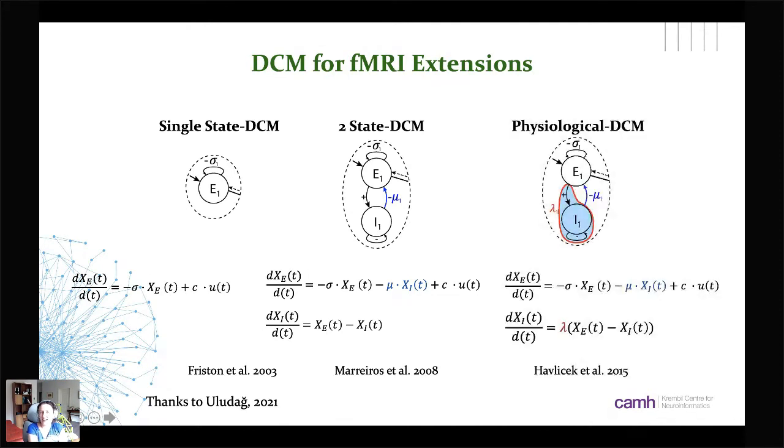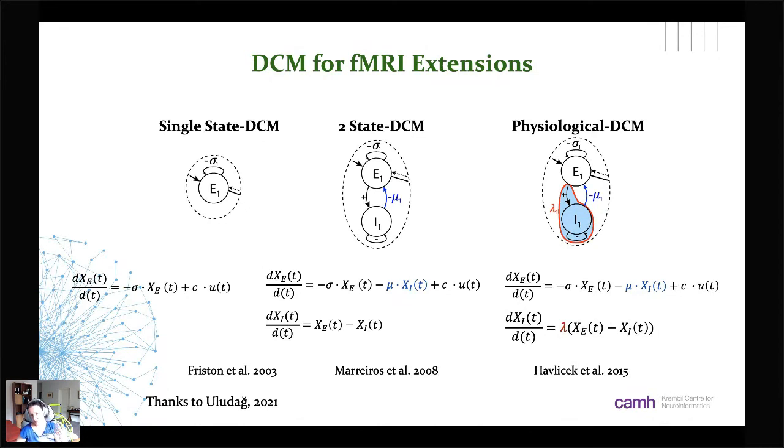And there have been even further extensions beyond that, and this is the physiological or adaptive two-state DCM proposed by Martin Havlicek and colleagues, and this is the work of Kamil Uludag at the University Health Network.